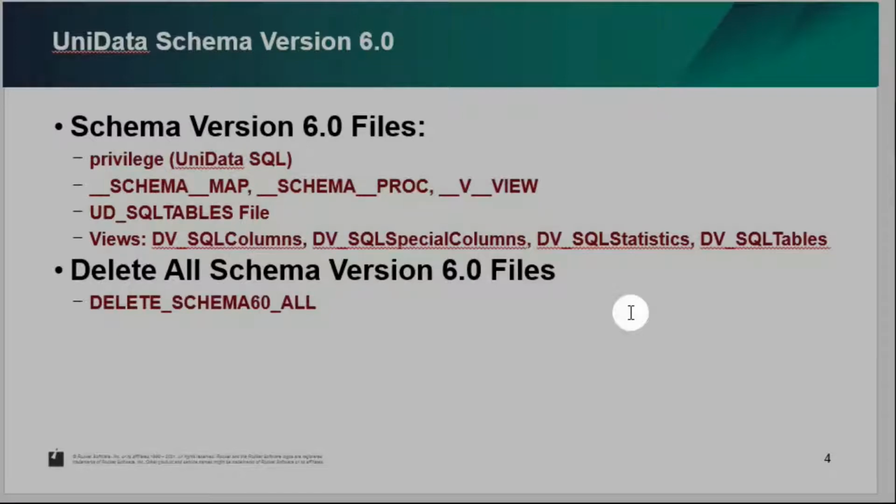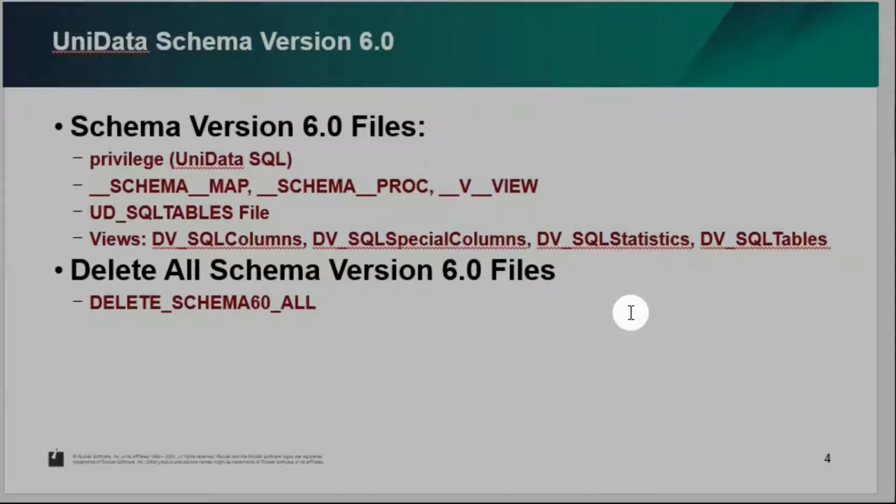For the 6.0 schema file structure, there is actually only one major file called UD_SQL_TABLES. All the others, like SQL column, special column, statistics, and tables, become views. I also have a program called delete_schema 6.0_all. Sometimes your schema is corrupted, and basically you want to delete all the schema files and then recreate them.